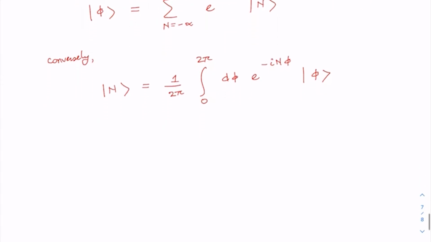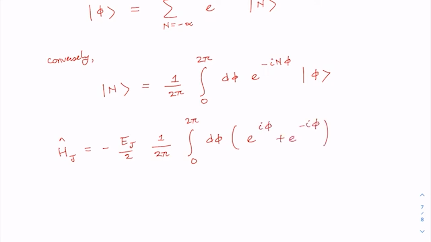This allows us to write the Hamiltonian in this form: Hj is equal to minus Ej by 2 times 1 by 2 pi integration 0 to 2 pi d phi, e to the power i phi plus e to the power minus i phi, and we have this outer product. You can see this is an operator.